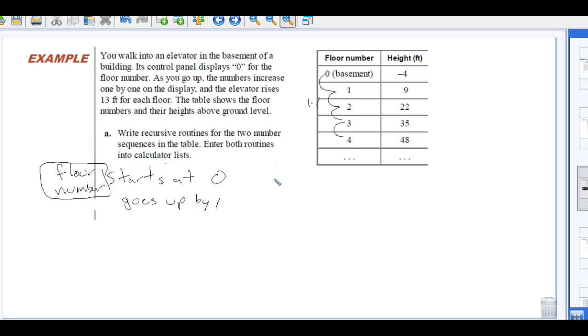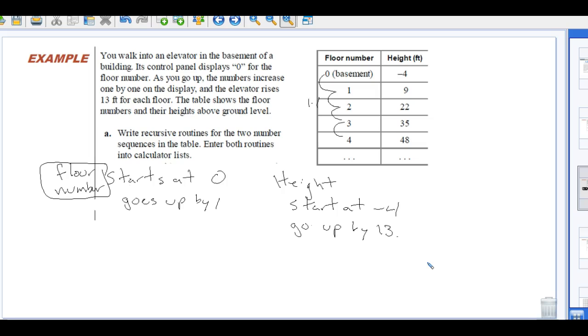Now let's look at the height. We start at -4, right, 4 feet below the ground. And then we go up by 13.